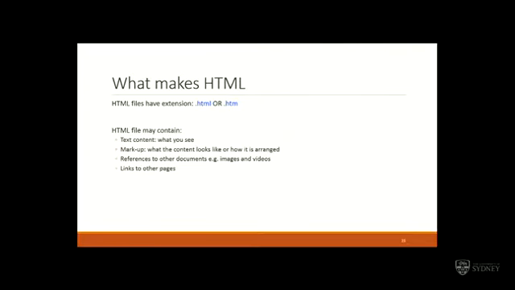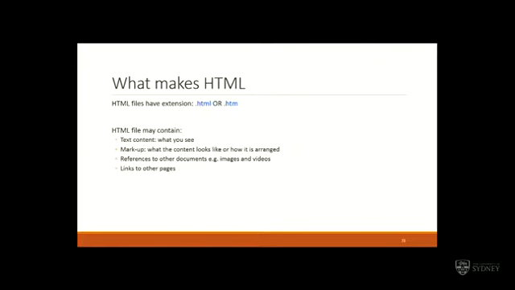So an HTML file can contain many different types of content. We have the actual text, the content that you want the users to be able to see. An HTML file will also have some markup, HTML tags that specify how that text and content is structured, tags that try to ascribe some meaning to the content in our HTML page.